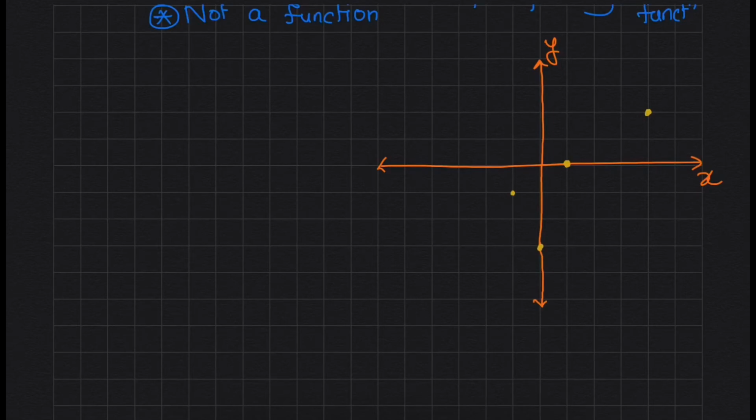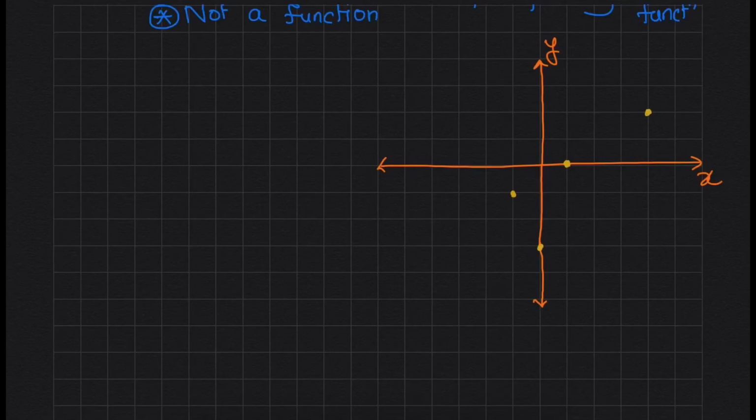Now we have to see whether this is a function or not a function. I'm going to talk about the vertical line test in future videos, but I just want to give you a brief introduction to that concept right here.